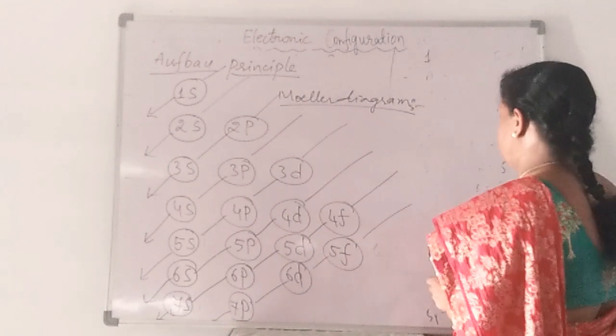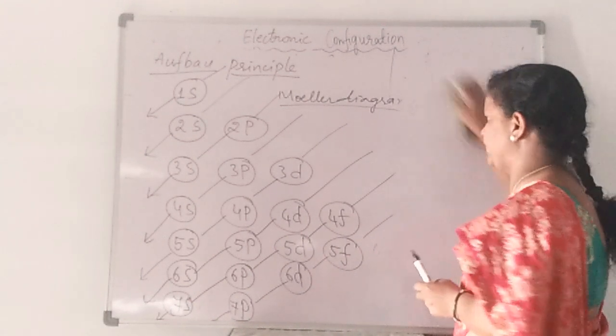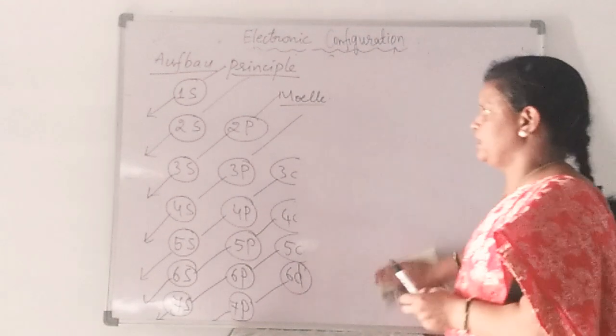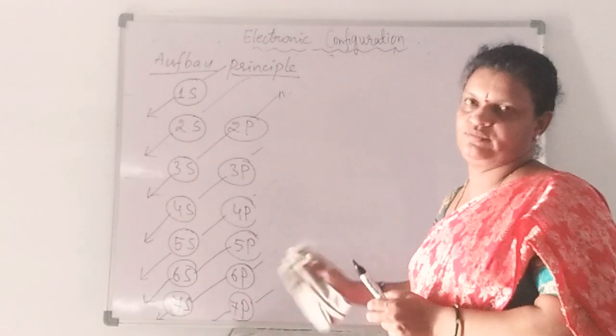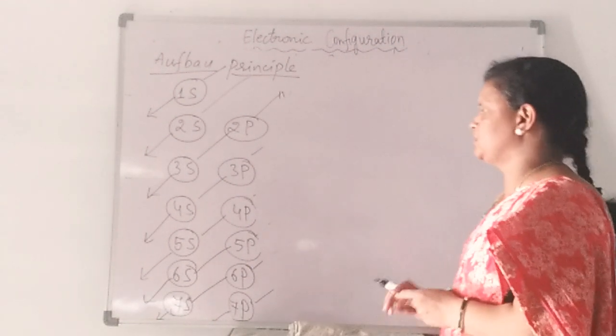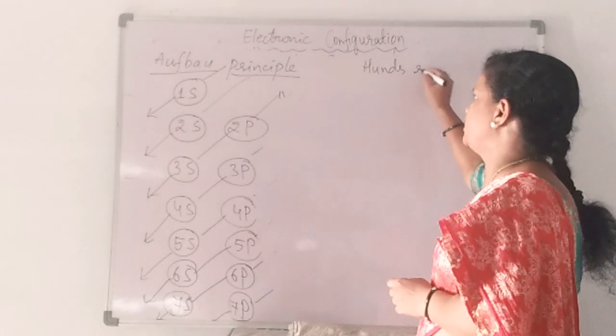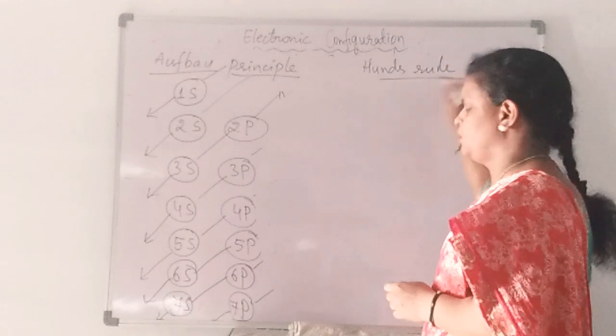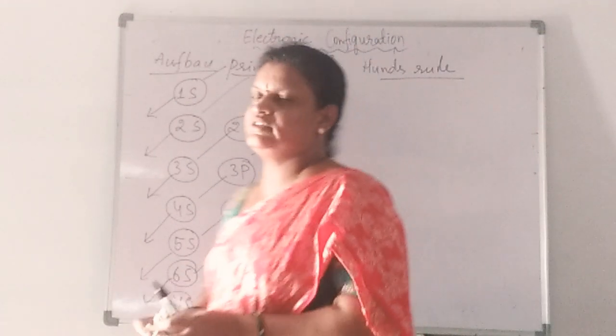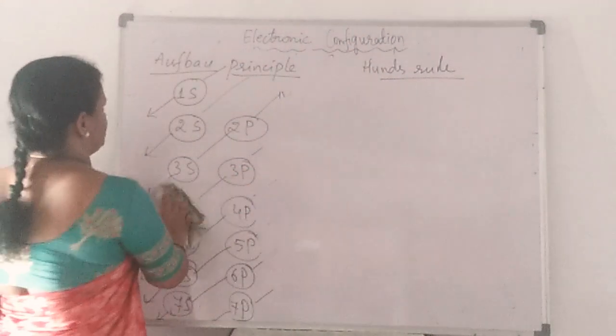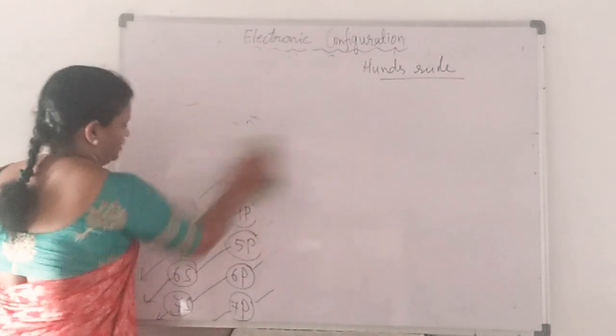In this second rule, we are going to write when we write the electron orbital method. What is that rule known as? It is nothing but Hund's rule. Hund is the scientist's name. Hund has given this rule for us.